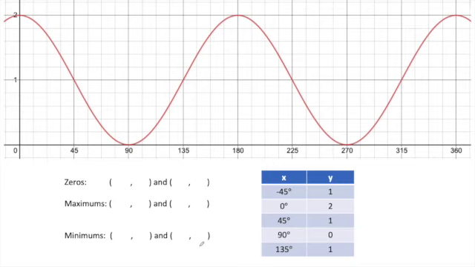So on the next slide, negative 45 and 1 you can't see, but then you go to 0 degrees and up to 2. Then we're over 45 up to 1, 90 at 0, 135 back to 1. And then again, remember, you're going to have to continue your graph. So all you're doing is adding the 45 degrees each time.